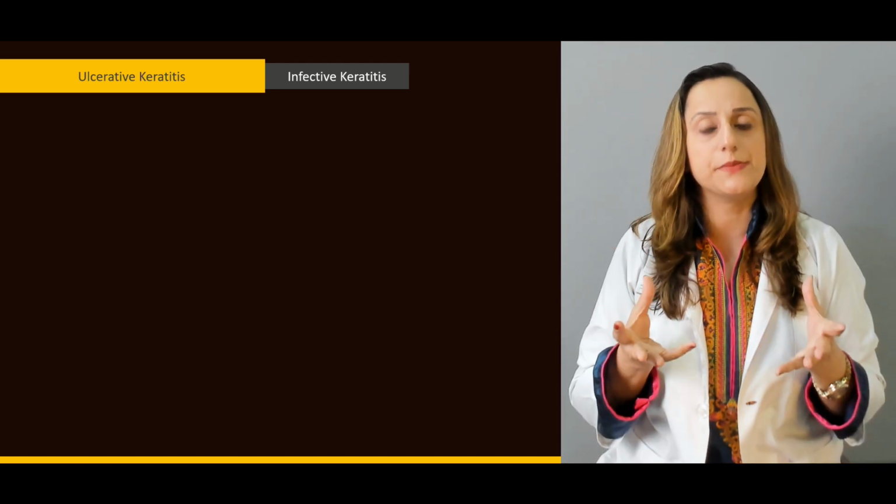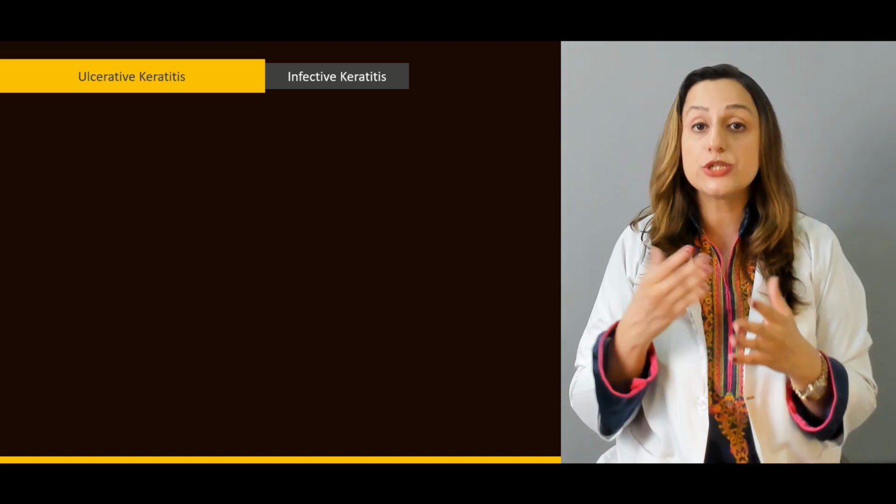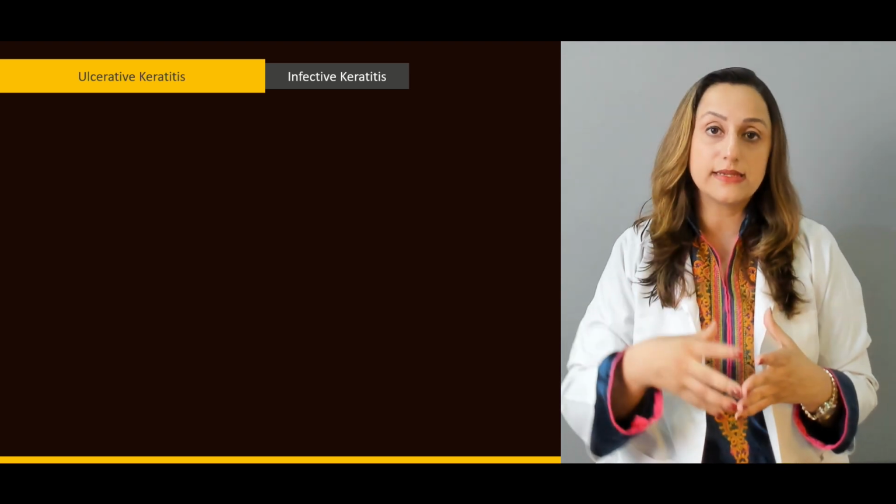It can be classified according to the location, whether it is located at the limbal margin or centrally. It can also be related to the signs and symptoms. For example, keratitis associated with sloughing, keratitis associated with perforation, keratitis associated with hypopyon.